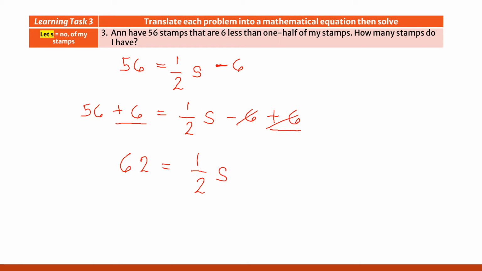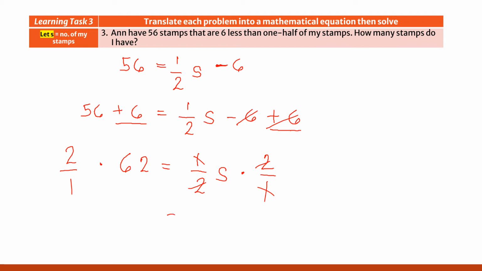And to remove this numerical coefficient, this time, ang i-apply naman natin ay multiplication property of equality. So, ano ngayon ang reciprocal ng 1/2? So, that is 2 over 1. So, sa kabila ay 2 over 1. So, time to cancel 2, cancel 1.